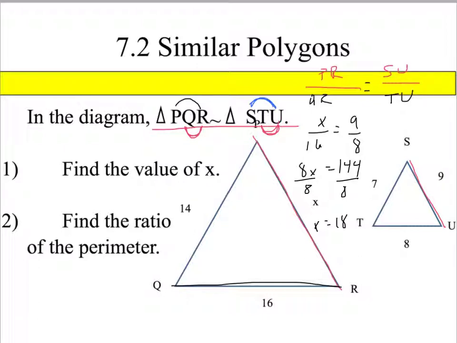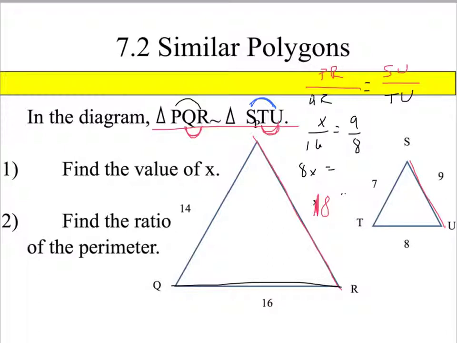Okay, so now when I look at this, I know x is equal to 18. I'm just going to erase this because I came up with what x is. So x is equal to 18. So now I have 14, 16, 18, and 7, 8, and 9. So now my ratio of the perimeter is going to be the exact same as the other one. So what is the perimeter of this first one?